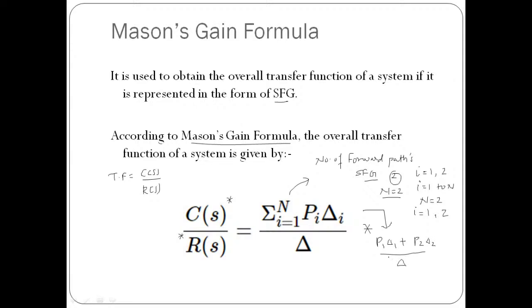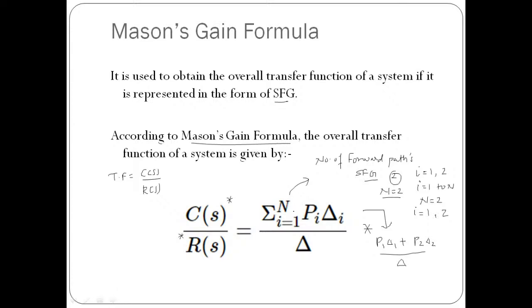This is a very general formula, because depending upon how many forward paths are available in the circuit, we need to define the value of n, and based on this value of n, we need to redefine this formula. That means at what point we need to terminate it: P1 delta 1 plus P2 delta 2 plus P3 delta 3 and so on.